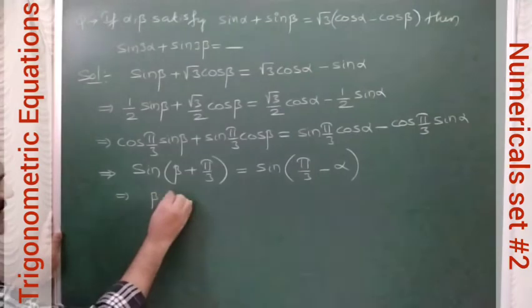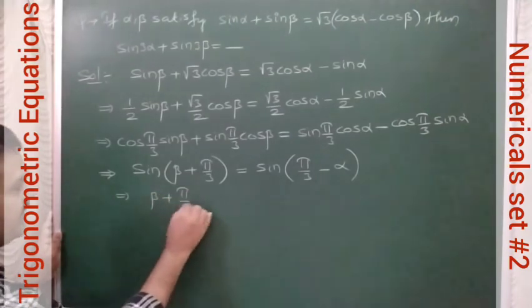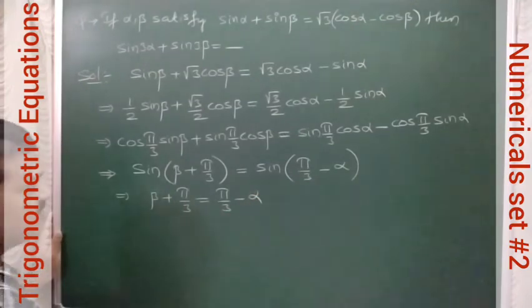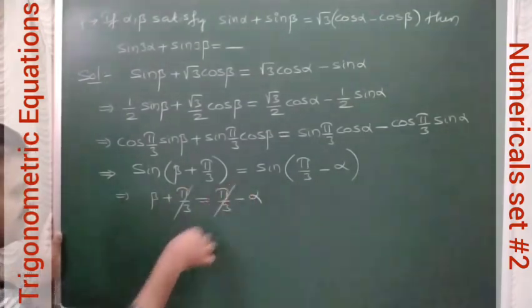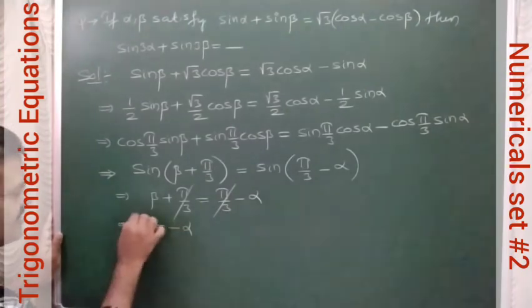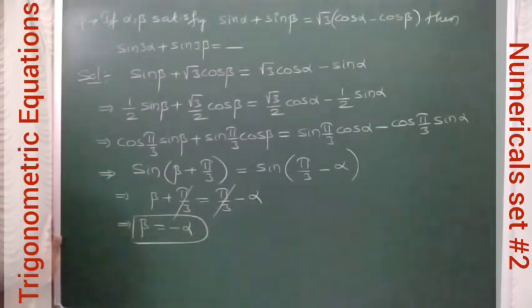So beta plus pi by 3 is equal to pi by 3 minus alpha. Directly we can equate the angles. Pi by 3 cancel on both sides. So this is the condition we are getting.